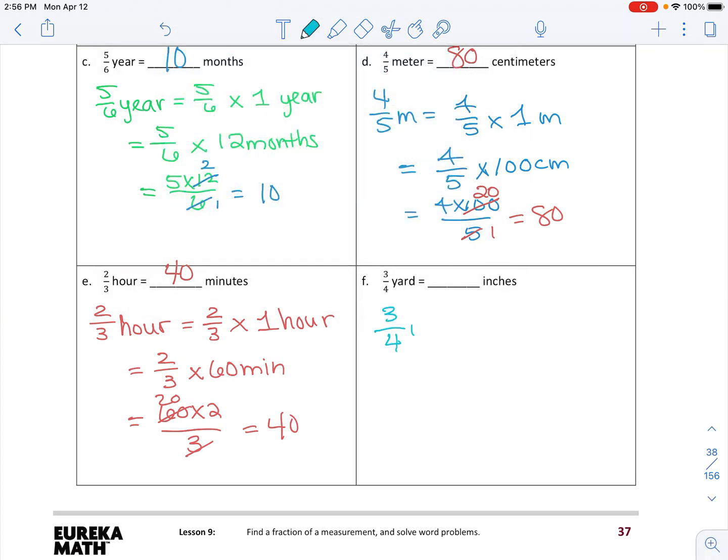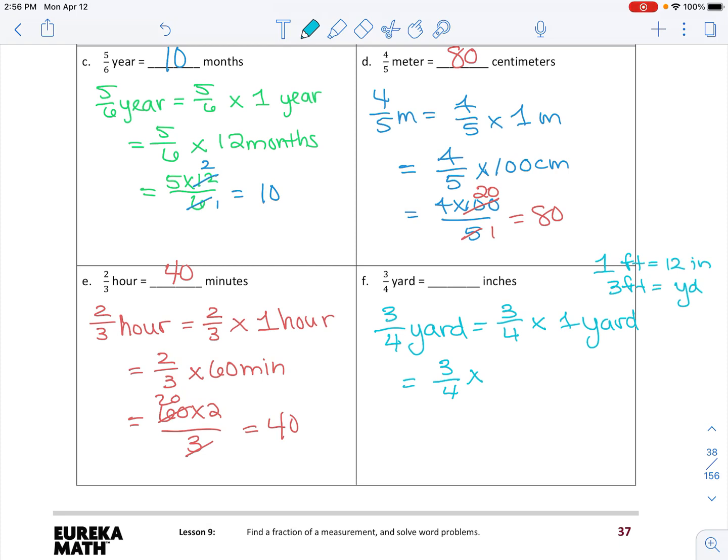Try letter F, then come back and check your work. So I get 3/4 times 1 yard. And now again, this is something you will have to probably use your reference sheet for. You need to know that 1 foot is the same as 12 inches. And there are 3 feet in 1 yard.